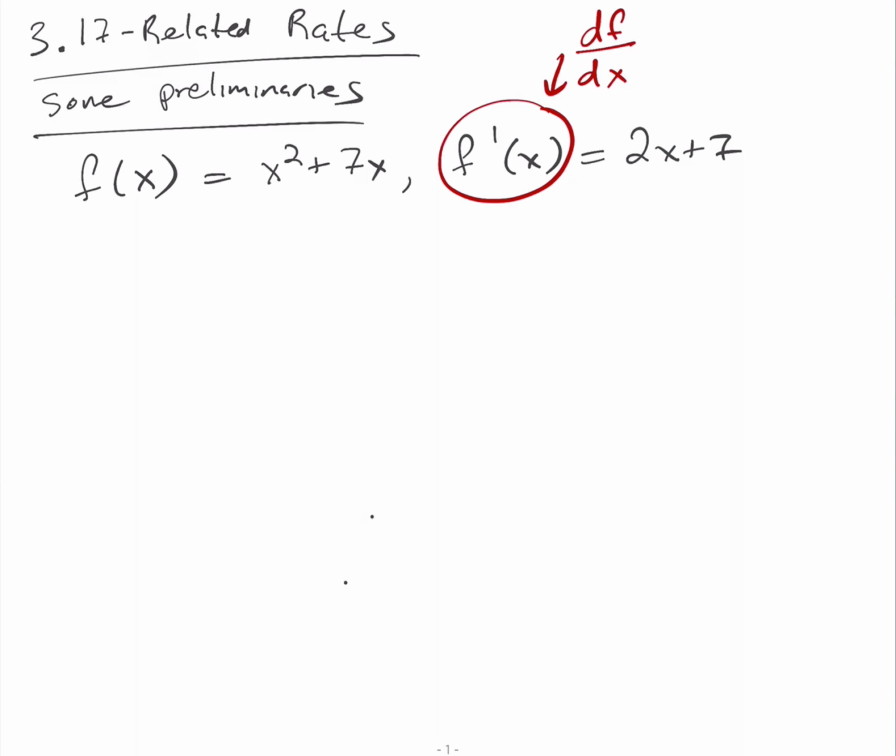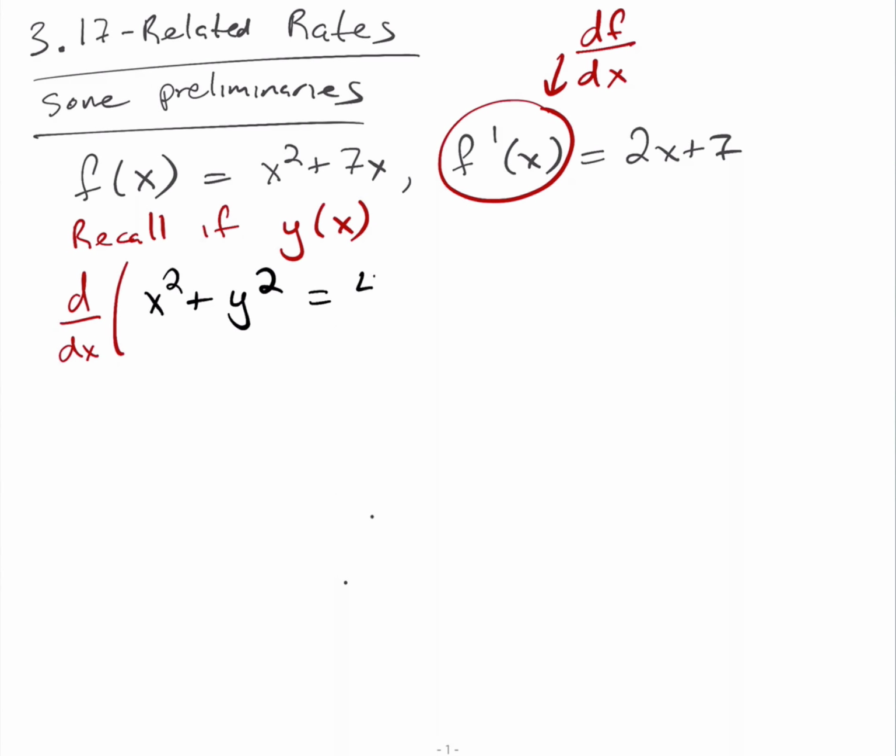Okay. Now, you guys remember, let's say y is a function of x, and you're going to get the derivative of, I don't know, x squared plus y squared equals 4x minus y, let's say.